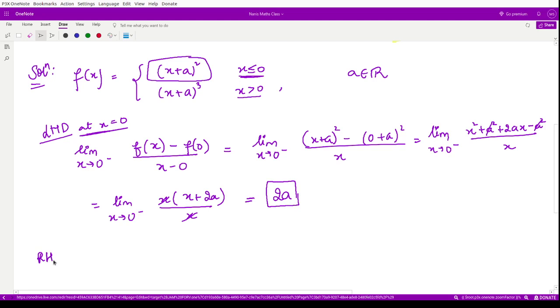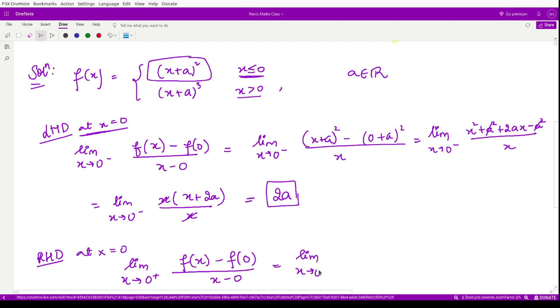Now looking at the right hand derivative evaluated at the point x equal to 0, we have to calculate the right limit. That means we are calculating the limit as x reaches the point 0 positive, and we'll apply the same definition, f of x minus f of 0 divided by x minus 0. Now what is the function's value when you reach the point 0 from the right hand side? It is going to be this quantity, so we have (x plus a) whole cube here.